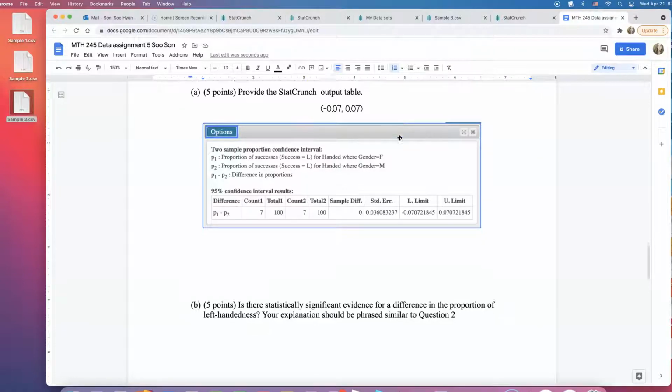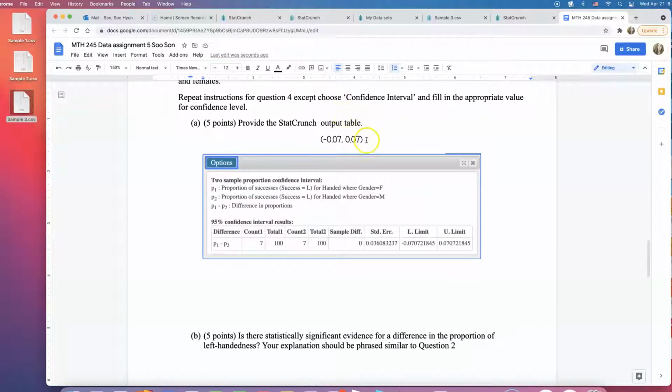Notice that the lower bound is negative and the upper bound is positive. It definitely includes a 0. And when the confidence interval includes a 0, that tells us that there is no statistically significant difference between these two parameters that we were comparing.